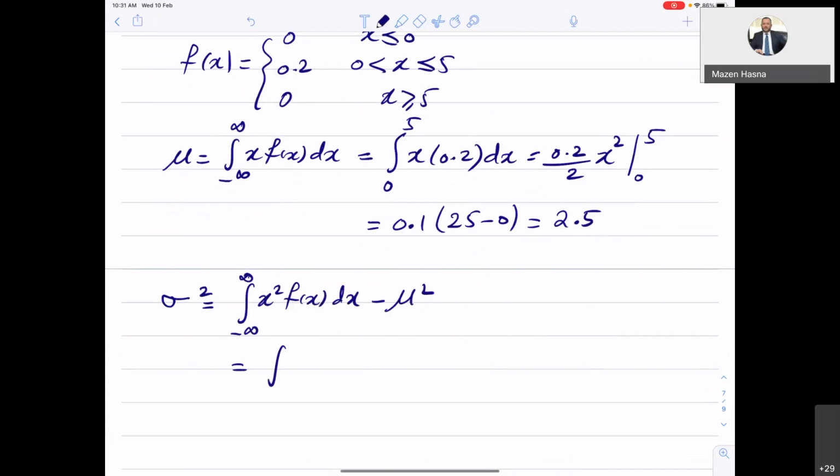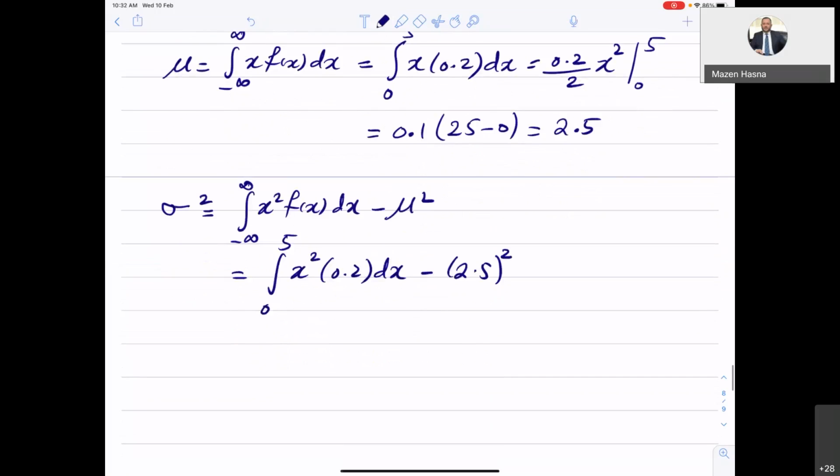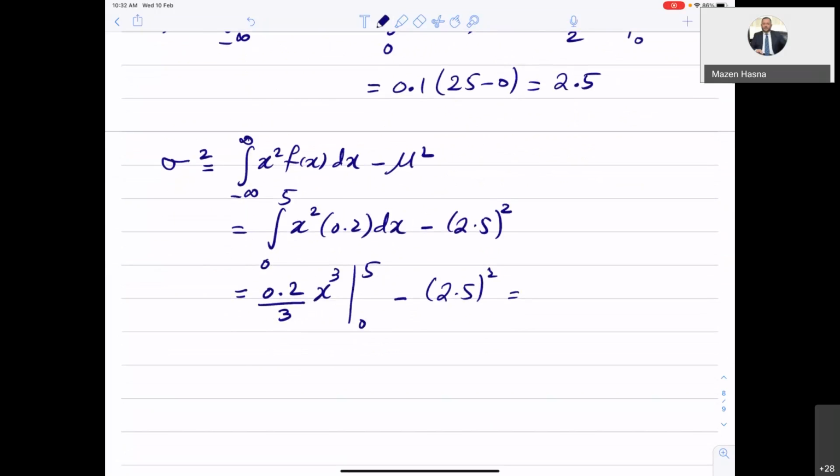So in this case, it's the integration from 0 to 5 of x squared times 0.2 dx minus 2.5 squared, which is 0.2 over 3 x cubed between 0 and 5 minus 2.5 squared, which is 0.2 over 3 times 125, right? 5 times 5 times 5 is 125, minus 2.5 times 2.5.